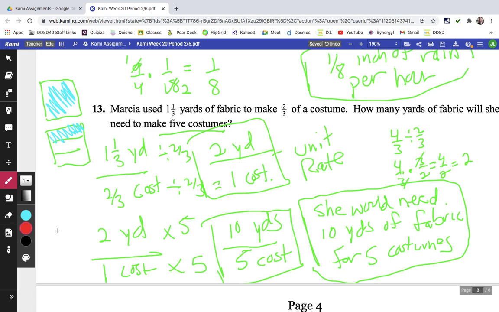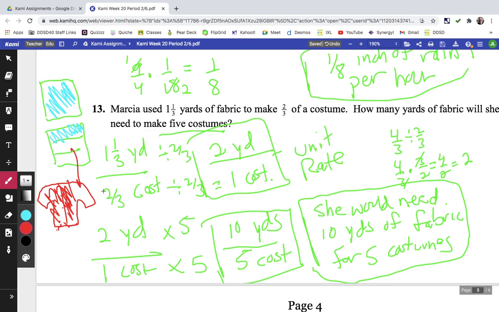So here's her costume, and I'm going to split it into 3 parts. So this amount right here makes 2/3 of it, and she needs this amount. If she needs this amount, that would fill that in right there. That it would be 2 yards for 1. That seems to make sense.